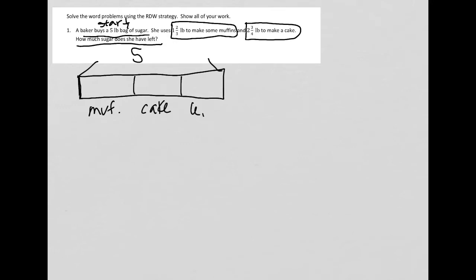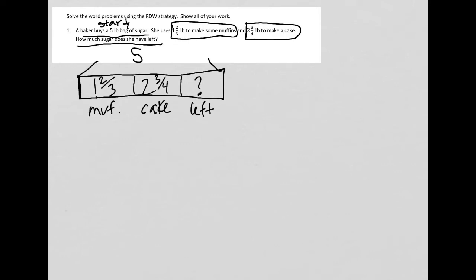And then we know she has whatever is left. Let's fill in our information. She uses 1 2/3 pounds for muffins, 2 3/4 pounds for cake, and then we do not know what's left. And that's what we're trying to figure out. It's a horrible question mark. Okay. We're trying to figure out what she has left.